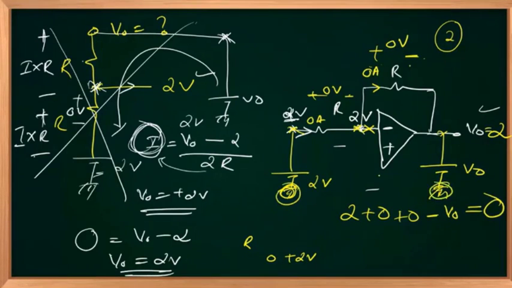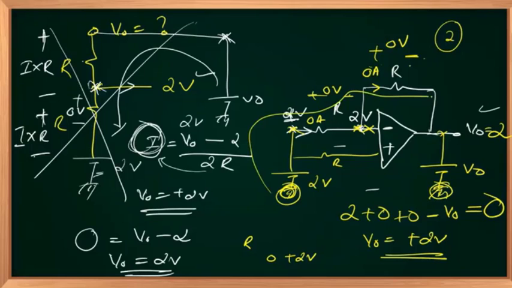Closed loop, ground to ground. So I will get V out equal to positive 2 volts. Is that clear? Of course, you have a resistance here, no issues. So I'm moving around this loop to identify V out. Right, okay, clear. Let us move to the next one.